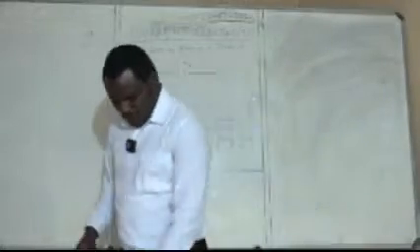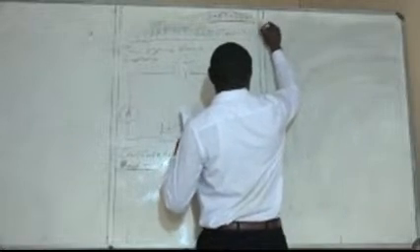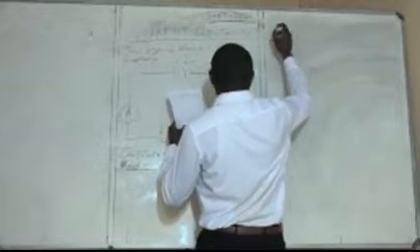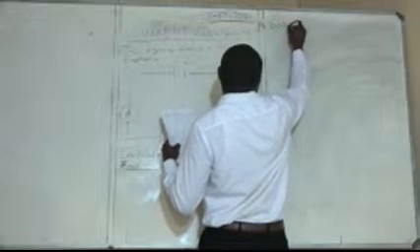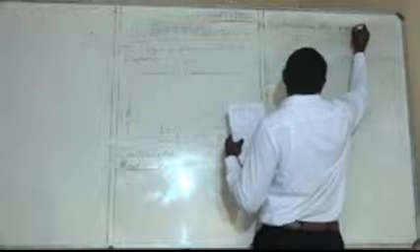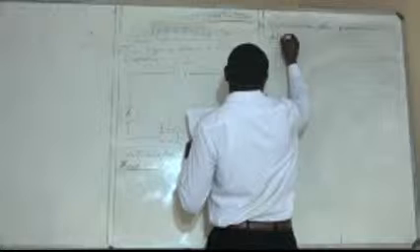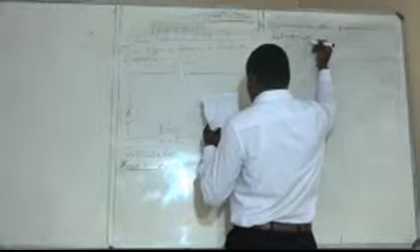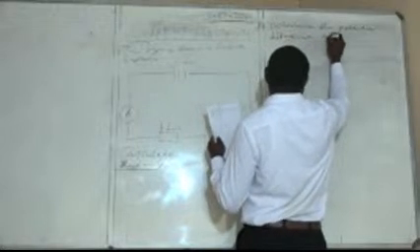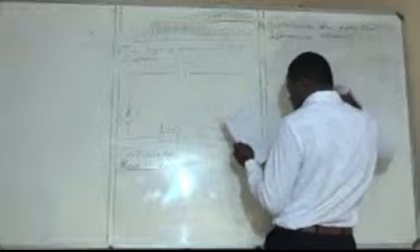So, according to C here, let's move to C. Determine the potential difference across 1.6 ohms.